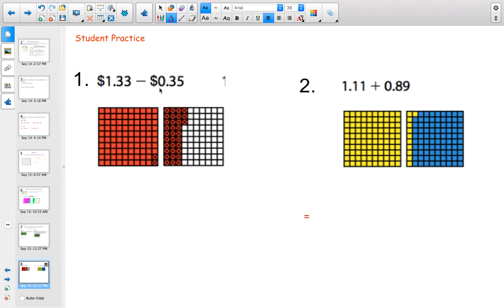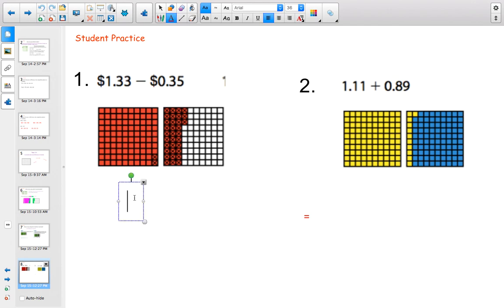Now to find our difference, all we have to do is count the remaining squares that are not crossed off. I'm going to start over here and count by tens until I don't have any more full rows colored in. 10, 20, 30, 40, 50, 60, 70, 80, 90, 91, 92, 93, 94, 95, 96, 97, 98.